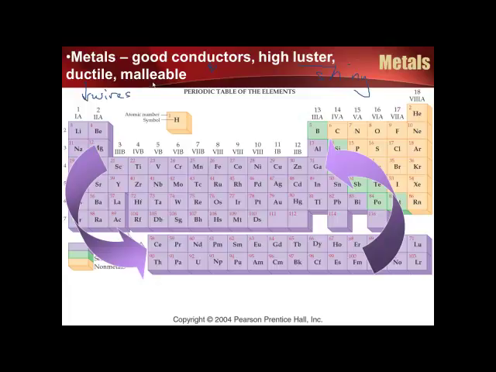And malleable means you can bend it into shapes, like a paper clip. Okay, so metals are good conductors of electricity. They have high luster, they're shiny, they're ductile, and they're malleable. And again, you can see most of the periodic table is composed of metals.